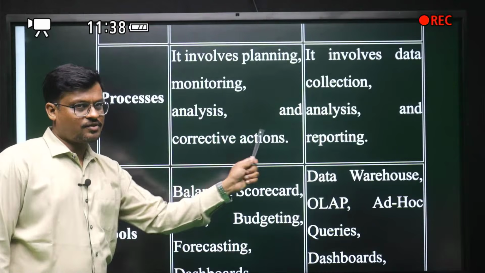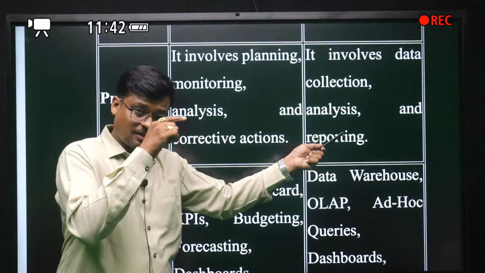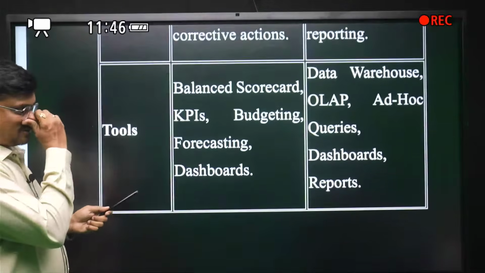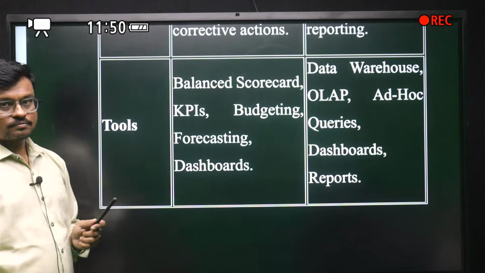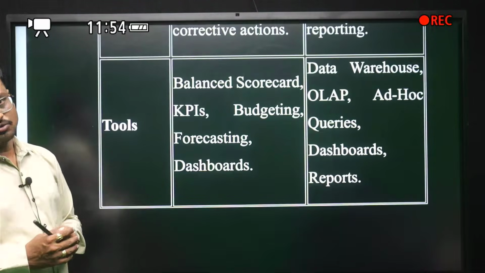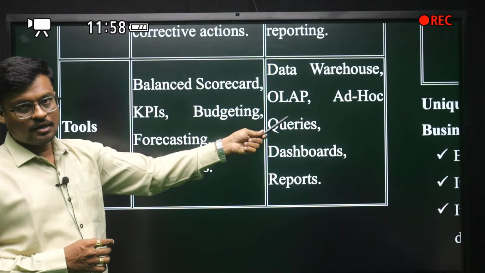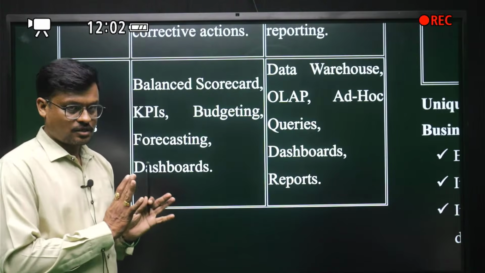So both of them go hand in hand. Here we will generate the reports and insights. Based upon these insights only, I'll take the corrective actions. Okay. Tools. Balanced scorecards, KPIs, budgeting, forecasting, and dashboards. For BI: data warehouse, OLAP, ad hoc queries, dashboards, and reports will give you the insights. Okay.